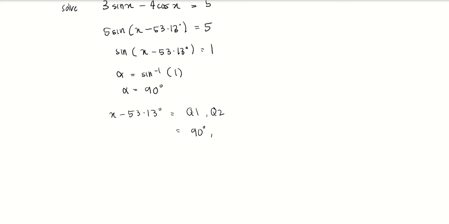That means it is the same answer for first and second, because 90 degrees is in between the first and second quadrant. So we just have one answer here. To get x, x is 90 degrees plus 53.13. So the answer is 143.13 degrees. So that's how we solve this question.